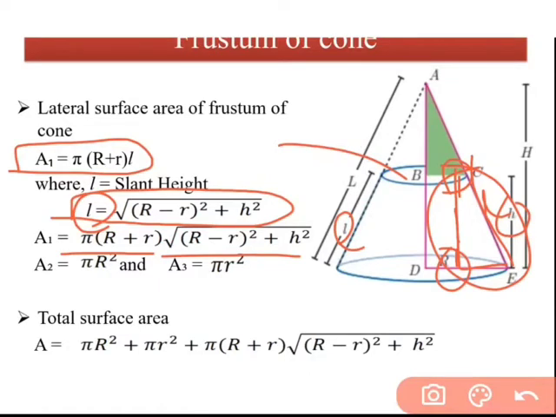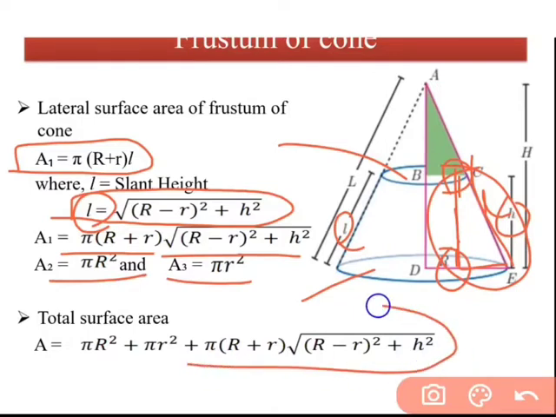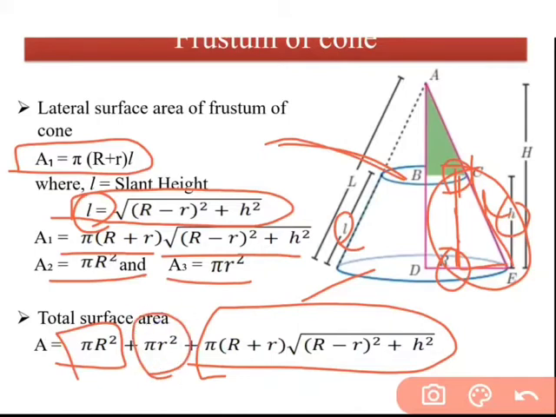So A3 is pi small r square and A2 is pi capital R square. So the total surface area capital A is equal to A1 plus A2 plus A3. A1 is this equation, A2 is pi capital R square, and A3 is pi small r square.